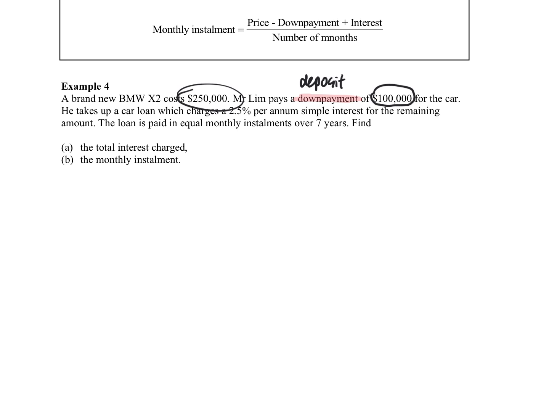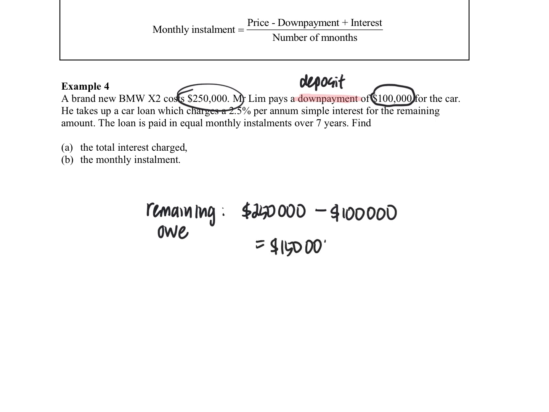So this is the down payment I pay first. So I still owe 150,000, correct? Because I paid my down payment of 100,000 already. So the remaining amount I still owe is 150,000.